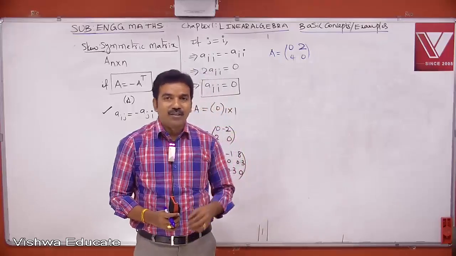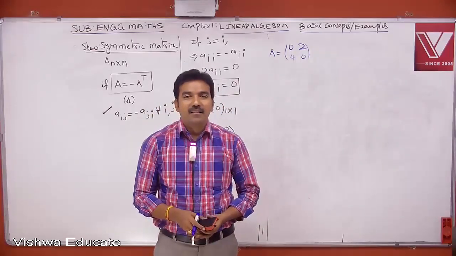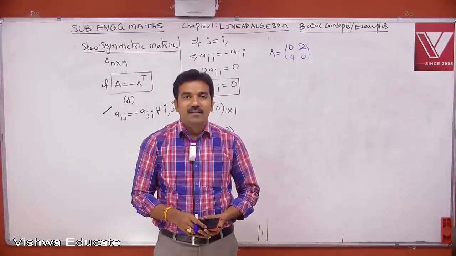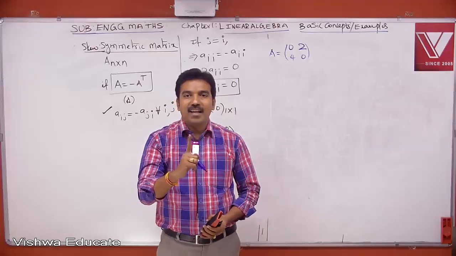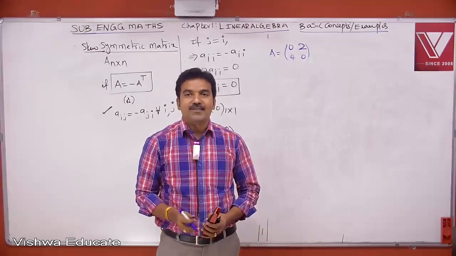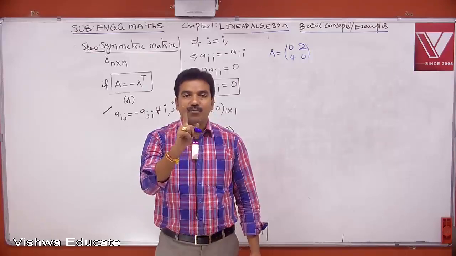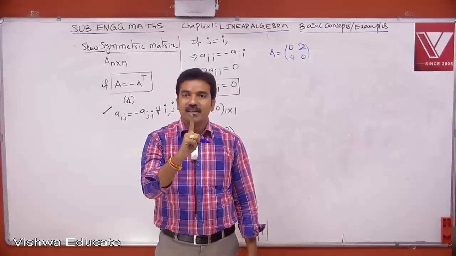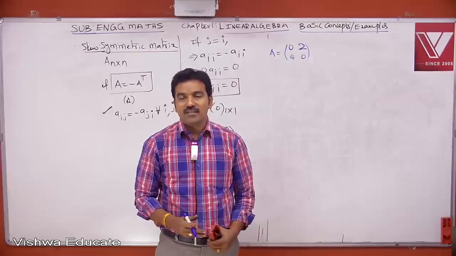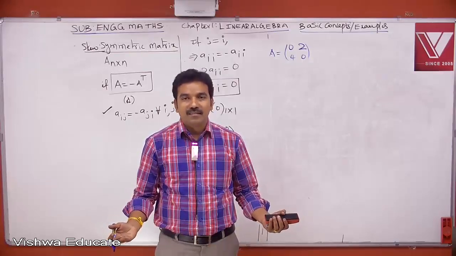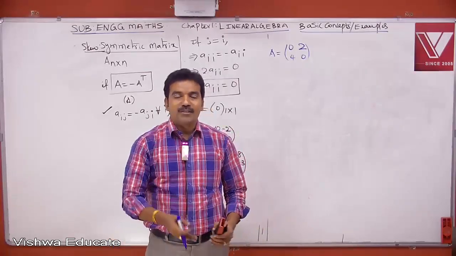Now we discuss another point. The third point is, if at least one diagonal element of a square matrix is not equal to 0, then the conclusion is that it is not skew symmetric, right? Note this point.